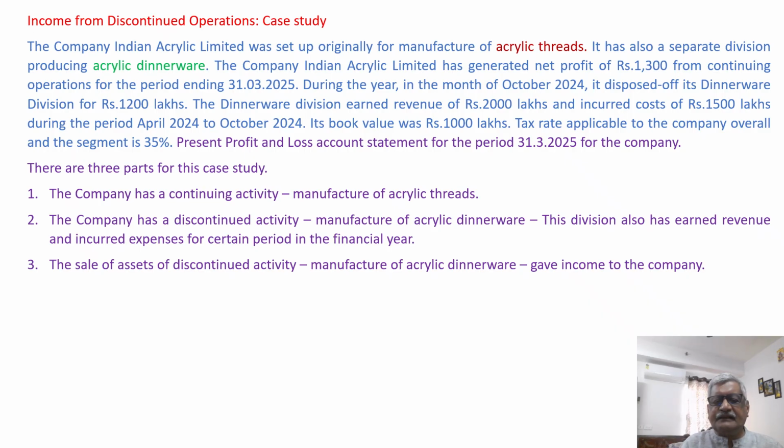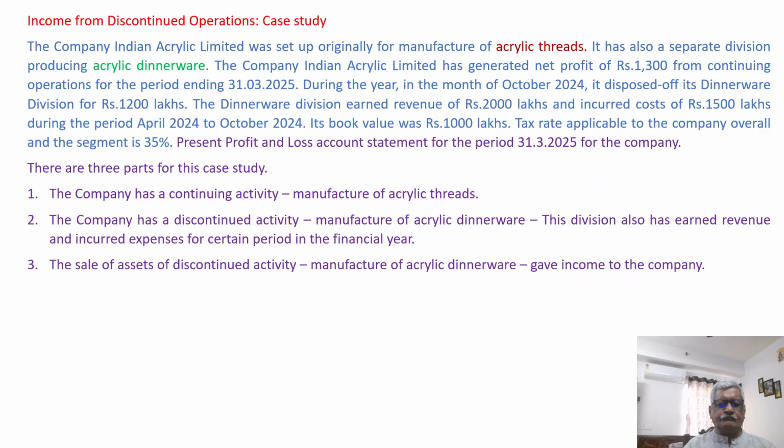The dinnerware division earned revenue of 2,000 lakhs and incurred cost of 1,500 lakhs during the period April 2024 to October 2024. Its book value was 1,000 lakhs. The tax rate applicable to the company overall and the segment is 35%. Present the profit and loss account statement for the period.